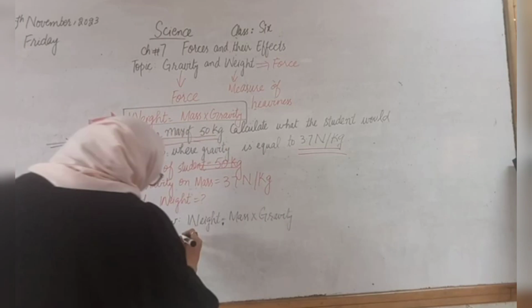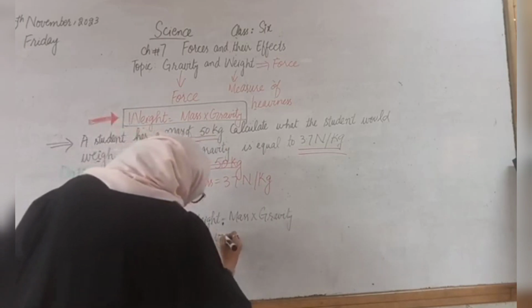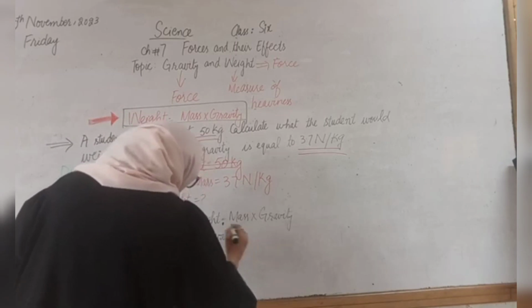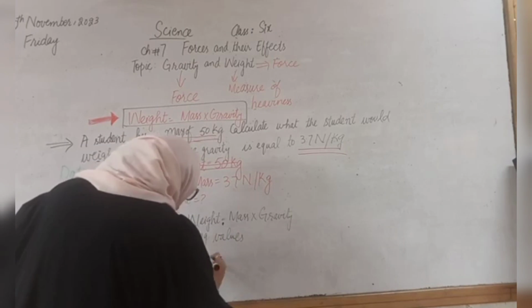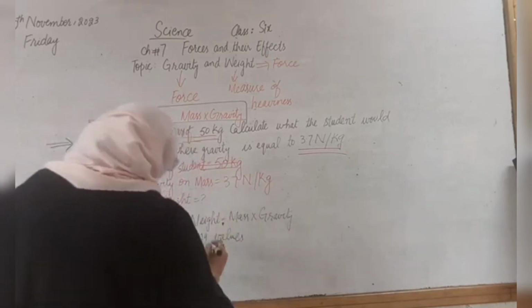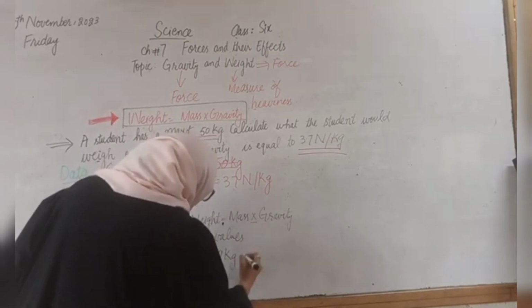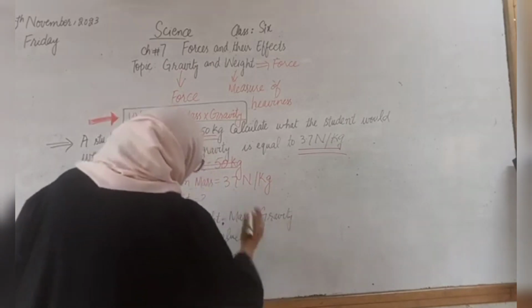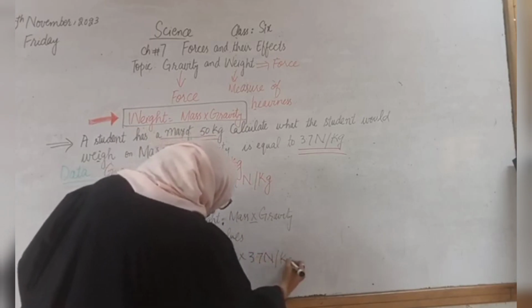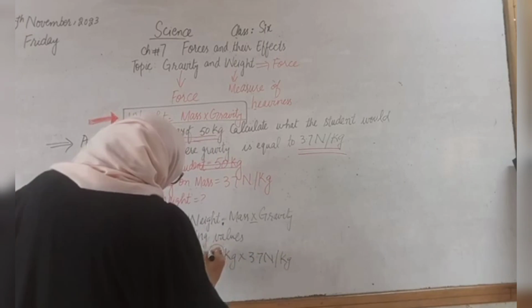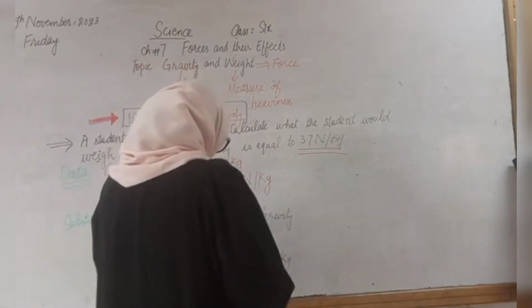We will put values, so we write here, putting values. Weight as it is. In place of mass, we will write 50 kilogram, multiplied by gravity, which is given as 3.7 Newton per kilogram.